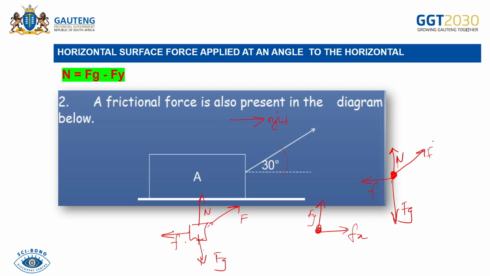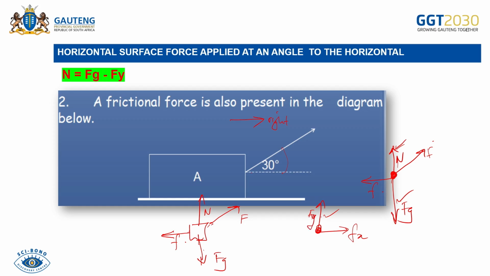how many forces now are acting vertical? It's 1, 2, 3, right? The forces that are acting vertical after resolving that force into its components. How many forces are acting vertical? Normal force, Fg, and Fy.